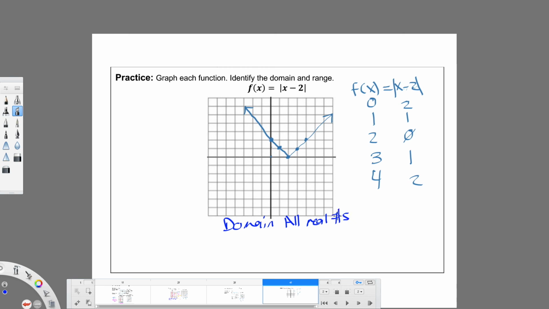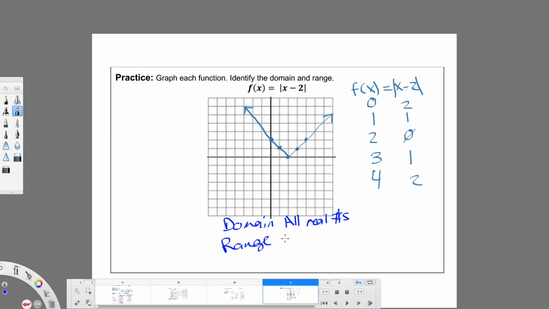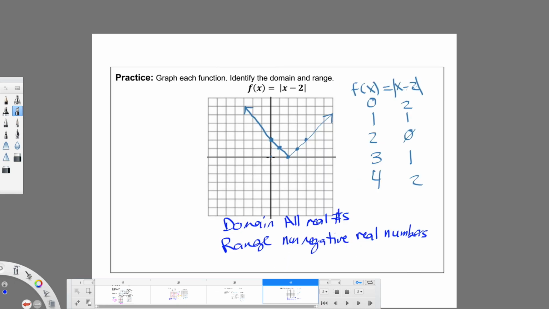The range, just like it was on this one, is going to be all non-negative real numbers. We can define other pieces of it too and say, you know, the intercept in this case is not 0, it's 2.